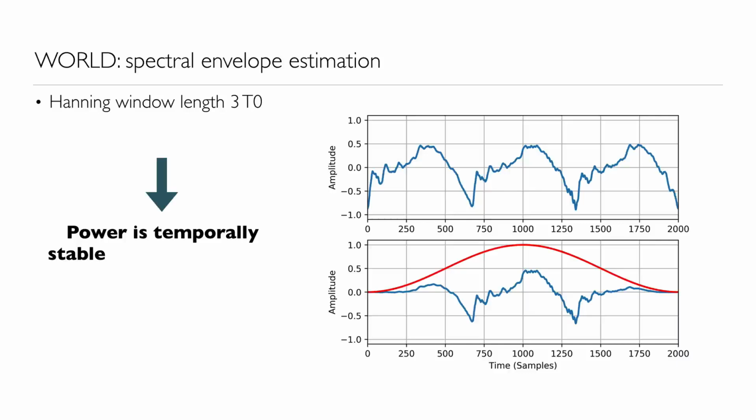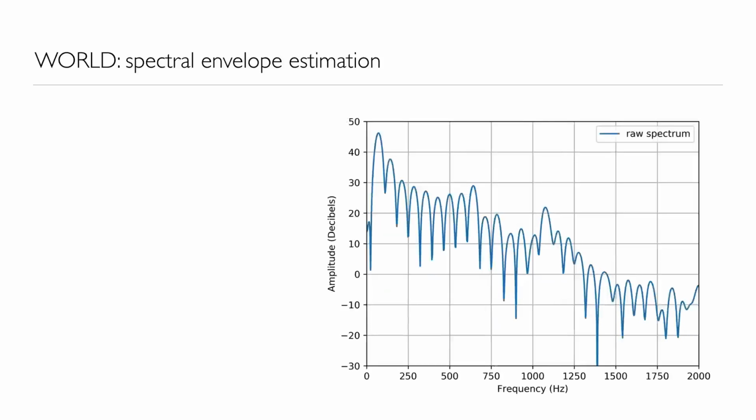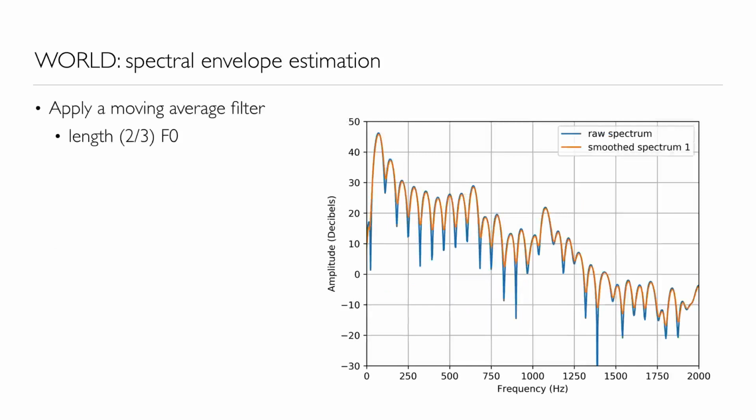Each one of these chunks, which we call frames, is multiplied by a Hanning window, as you see in the example. That's the first step. Then we compute the magnitude spectrum using just the FFT, a normal operation. And the next step, we smooth this magnitude spectrum to get rid of the spikes that go to negative numbers.